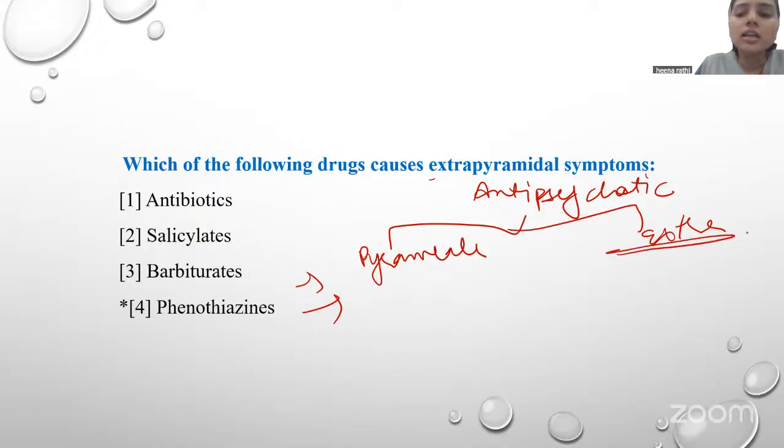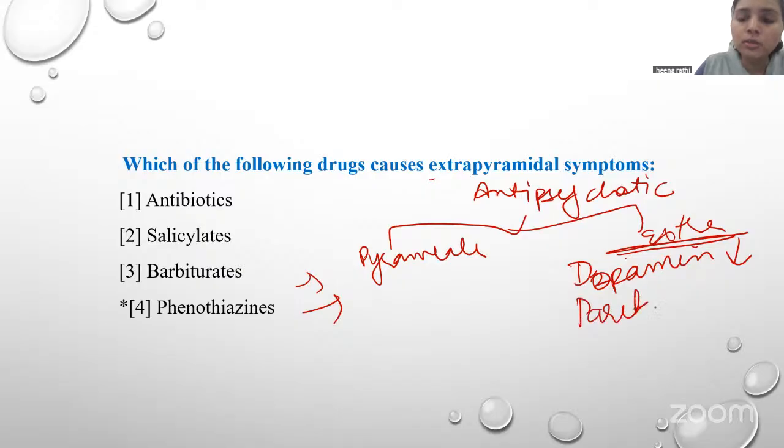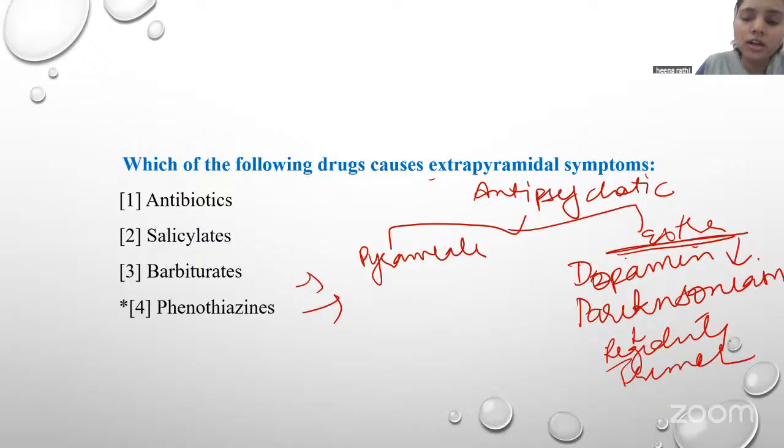Then there are extrapyramidal symptoms. Extrapyramidal symptoms occur because it is going to decrease the dopamine. When this dopamine is reduced, it produces the symptoms of Parkinson's. Parkinson's symptoms are rigidity, tremor, hypokinesia, especially in the facial areas.